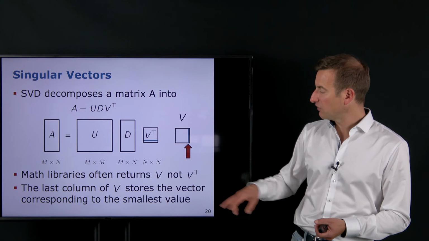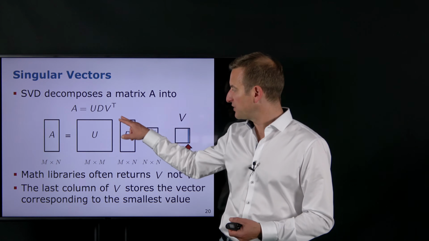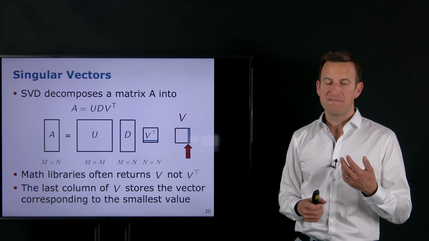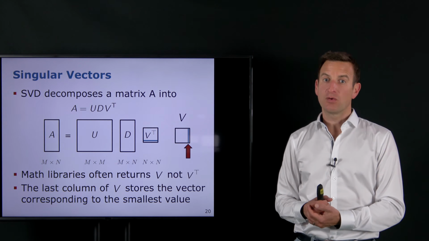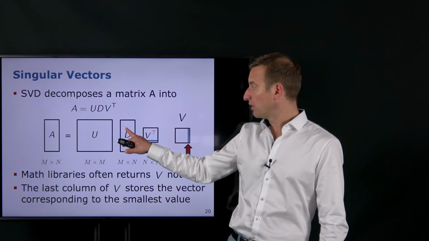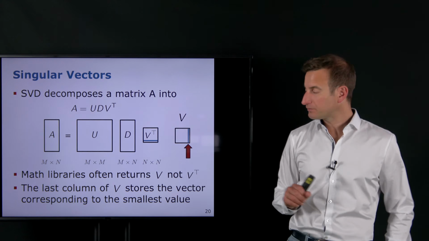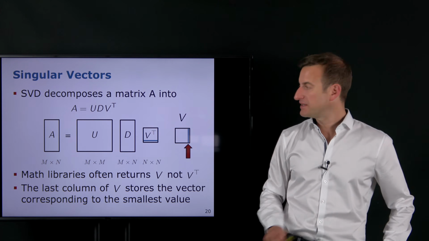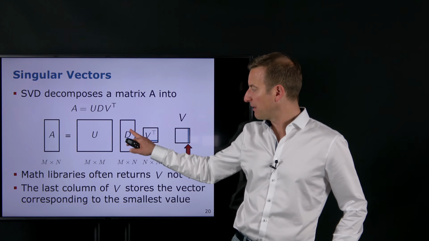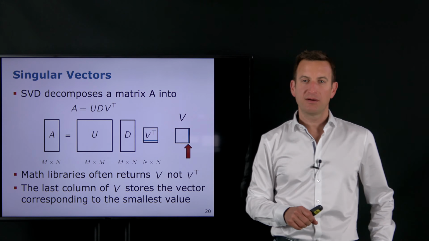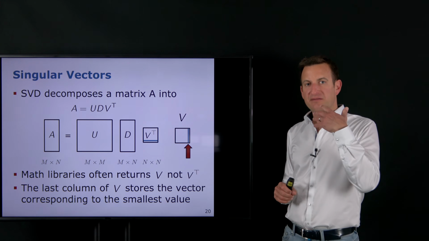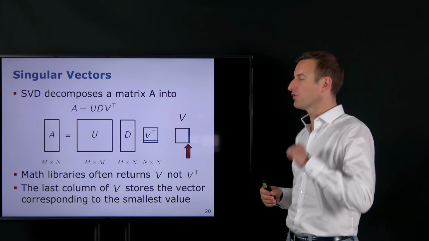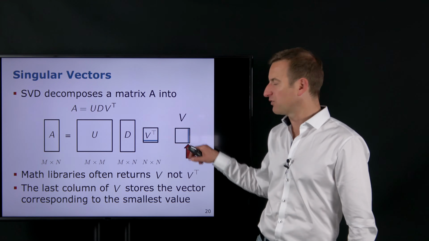So the important thing, what I forgot to mention, is on the diagonal, we typically have the singular values ordered according to their size, starting with the largest one up to the smallest one. And they're all positive, so the smallest value that they can actually take is 0. So there may be some of them which are 0 over here. And that means if you have a singular value which is 0, you have the corresponding singular vector.